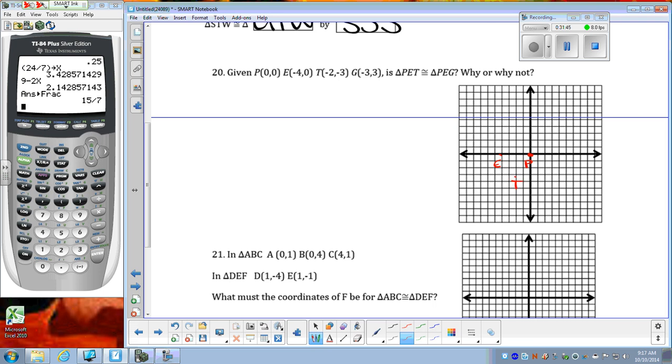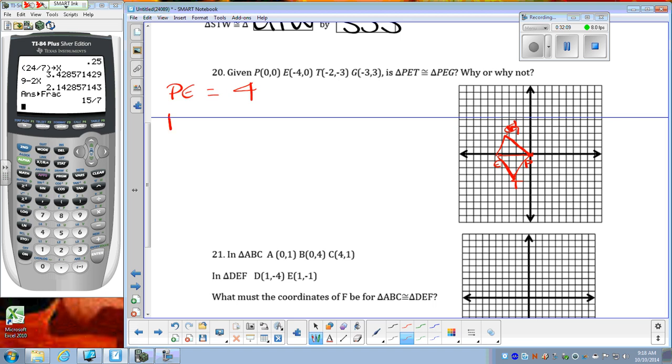And W is negative 3, positive 3. All right, this is G, not W. I want to figure out, is PET congruent to PGT? Well, I need to figure out my sides, so I need to figure out PE. PE is easy because I can just count it, and so that has a length of 4.